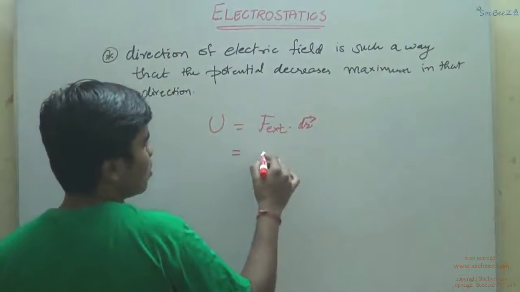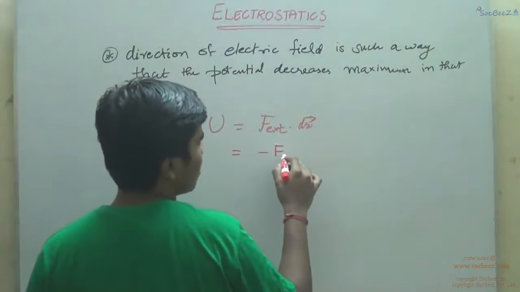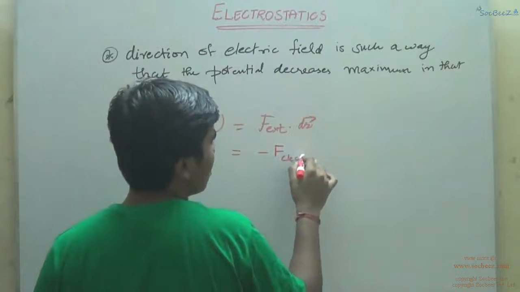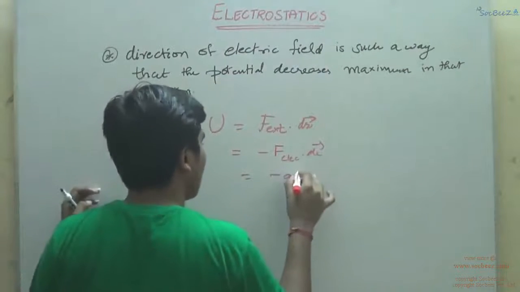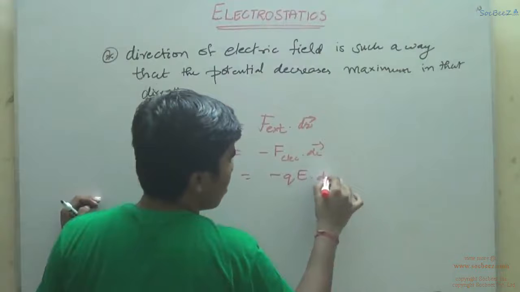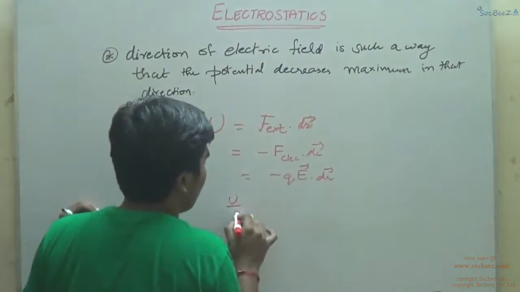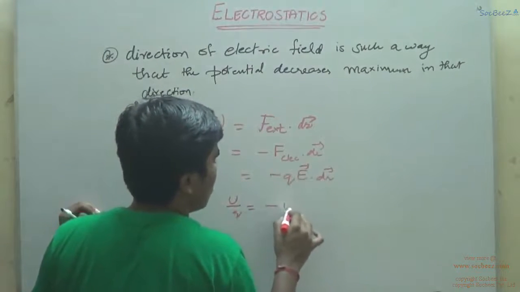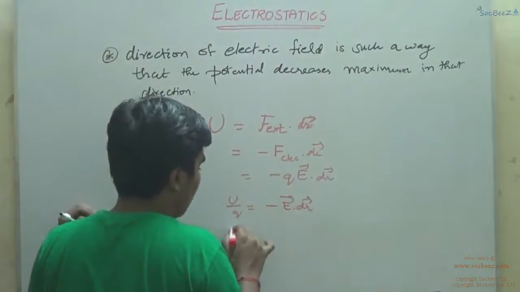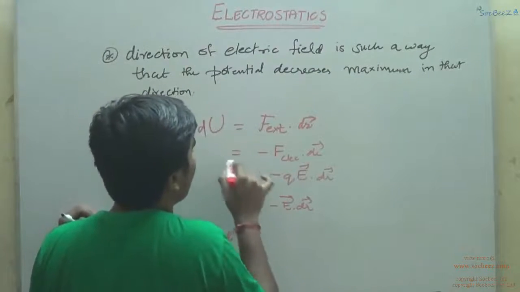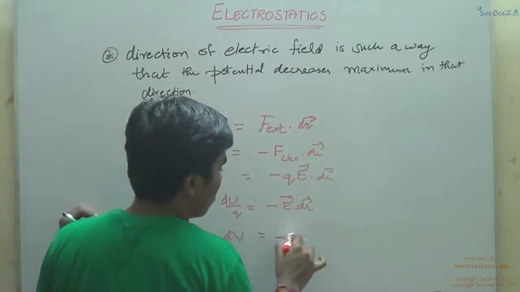And now force external is equal to minus force of electrostatics dot dr. Now this is equal to minus q E vector dot dr. So what is U by Q? It is basically dV.